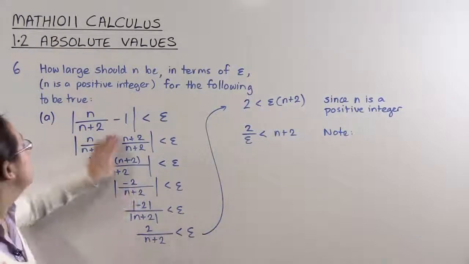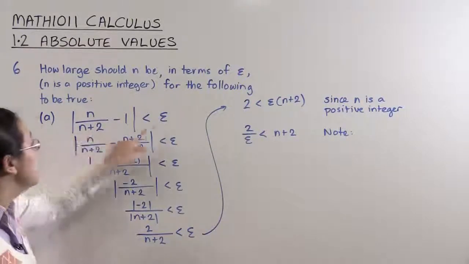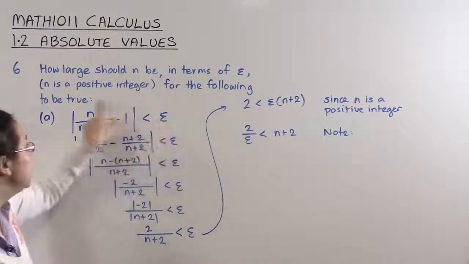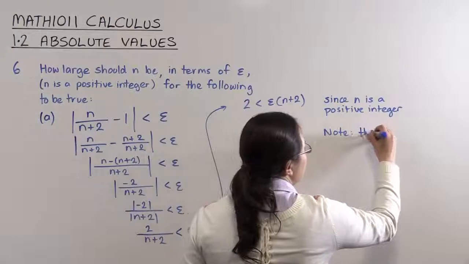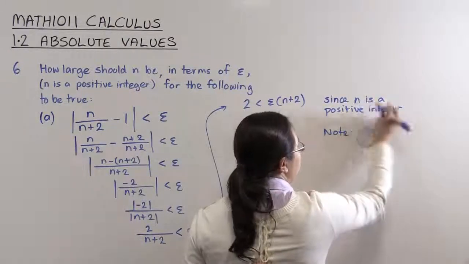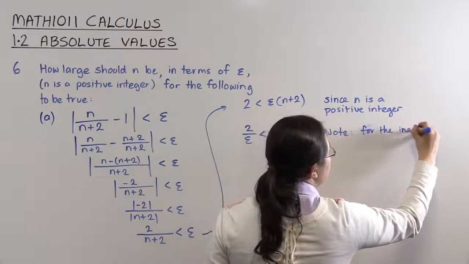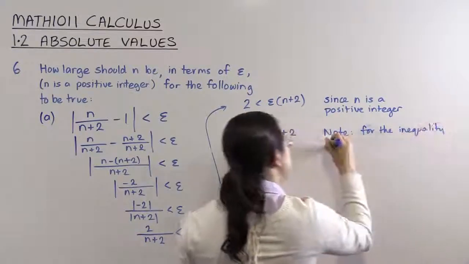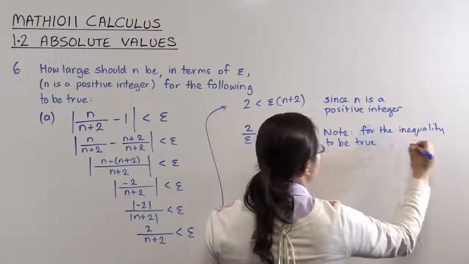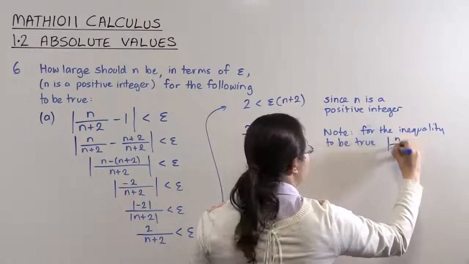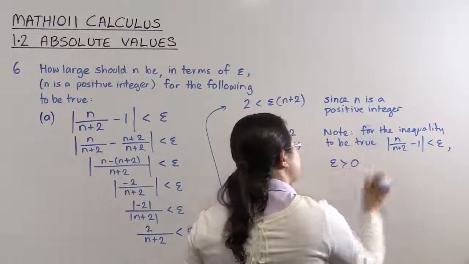The only reason that's true is that for this first inequality, the initial question, to even be true, epsilon has to be a positive number. Absolute values are positive. They can't be less than negative numbers, right? So note, for the inequality to be true, so this one, n on n plus 2 minus 1, epsilon must be greater than 0.